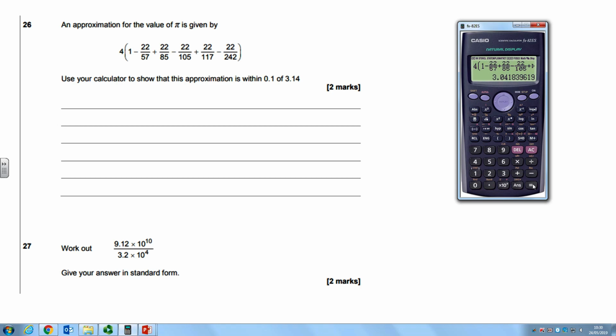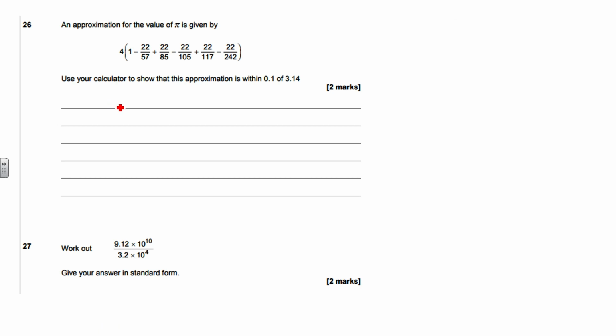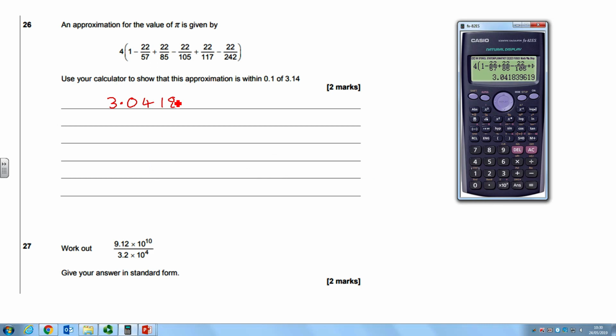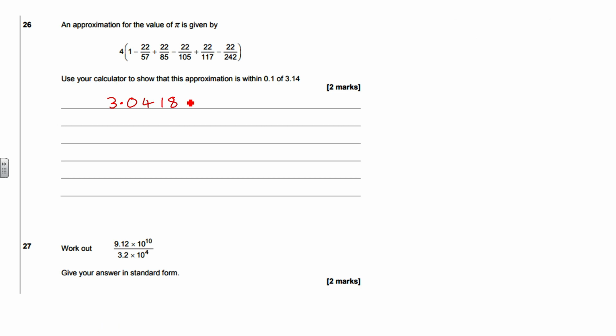So we'd say 3.0418 and so on. Might as well write it down, 0418 39619.